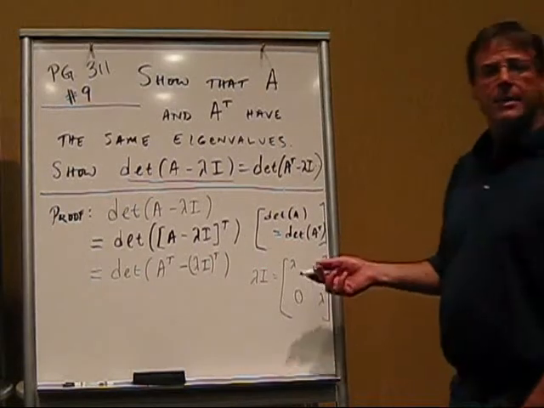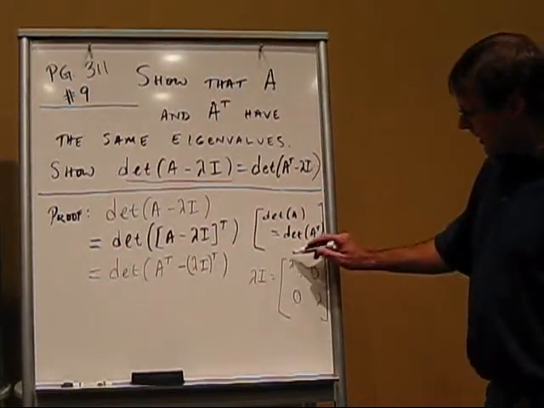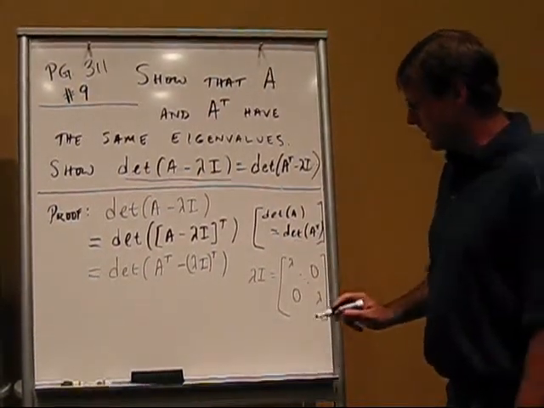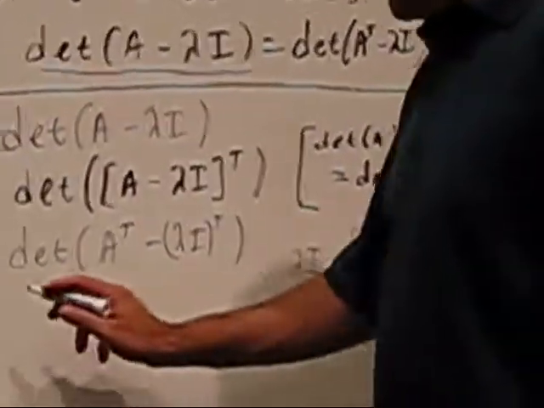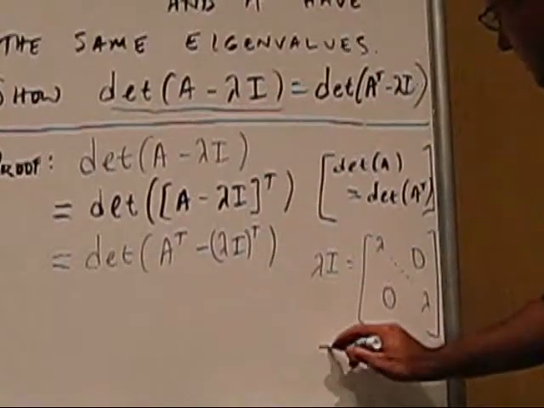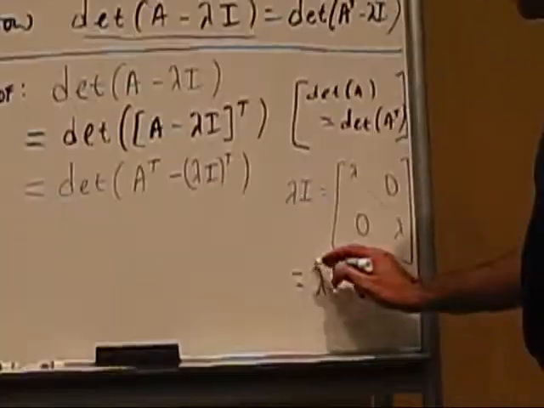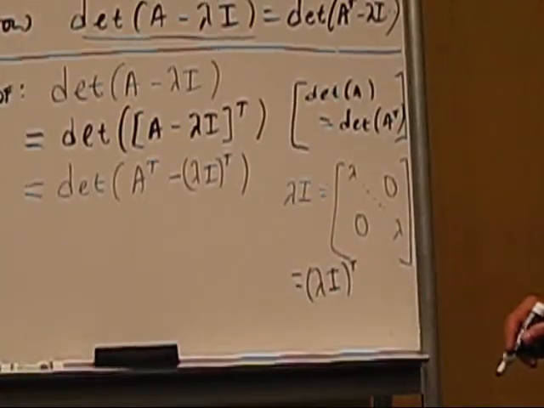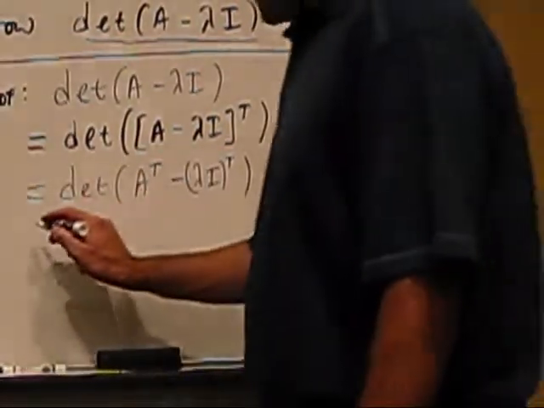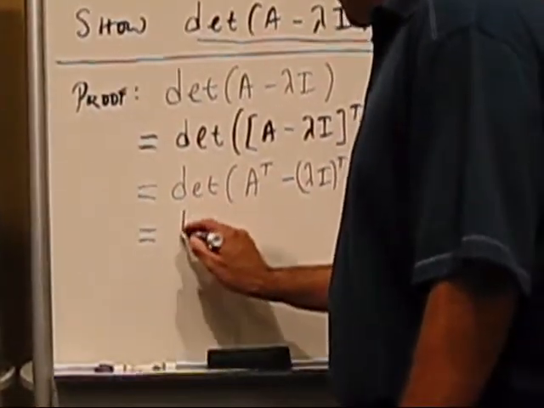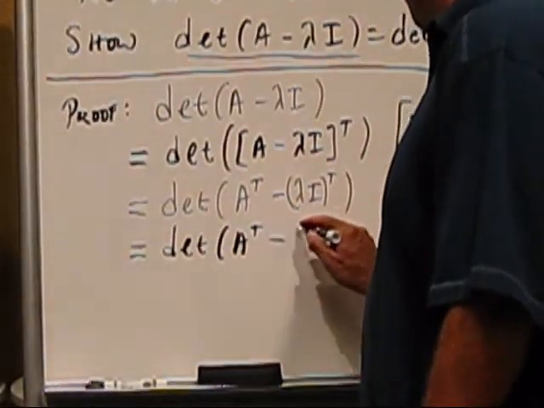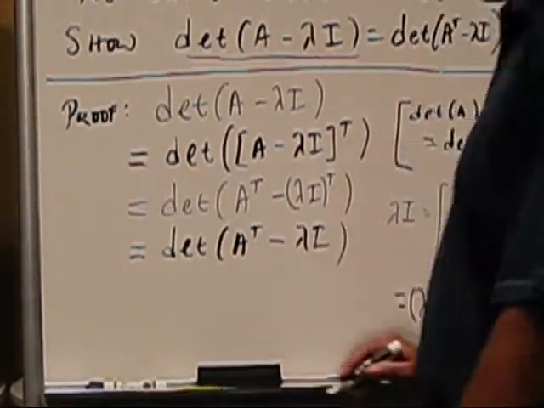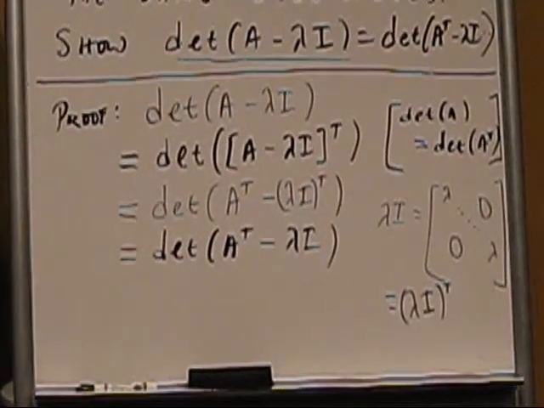And so it's a diagonal matrix, and a symmetric matrix, moreover, so the transpose is equal to that. So this is equal to lambda I transpose, because it's a diagonal matrix. So I can write my next step, determinant of A transpose minus lambda I. And I've proven the exact thing that I hoped to prove.